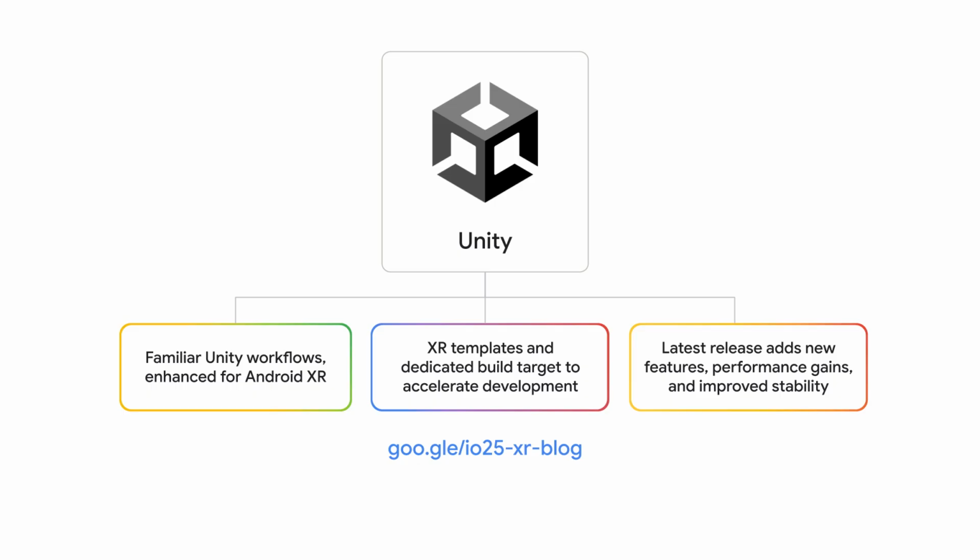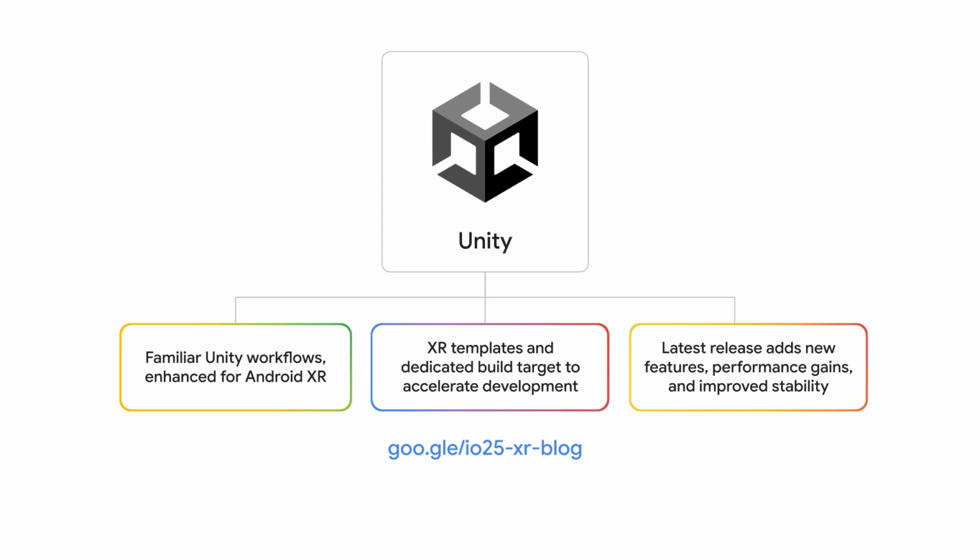For apps built with Unity, we've introduced the Android XR SDK for Unity. This SDK builds on Unity's long-standing support for XR development tools like AR Foundation, OpenXR, and the XR Interaction Toolkit, bringing them together with the platform-specific features tailored for Android XR.